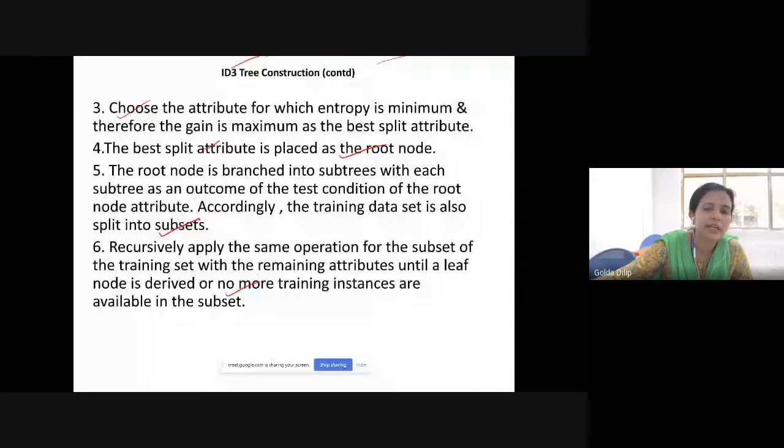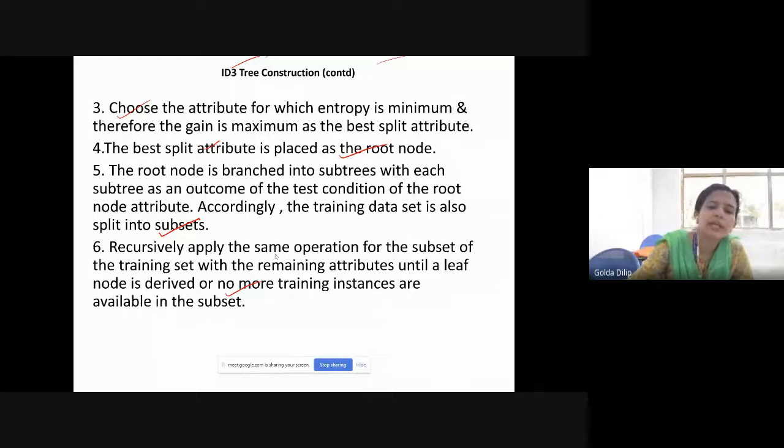Then you continue till the stopping criterion is reached. What is the stopping criterion? When you have homogeneous instances, when the node becomes pure. What are homogeneous instances? When you have all positive instances or all negative instances in a particular node, or you reach the leaf node where no more training instances are available in the subset. So you continue the same procedure till then.